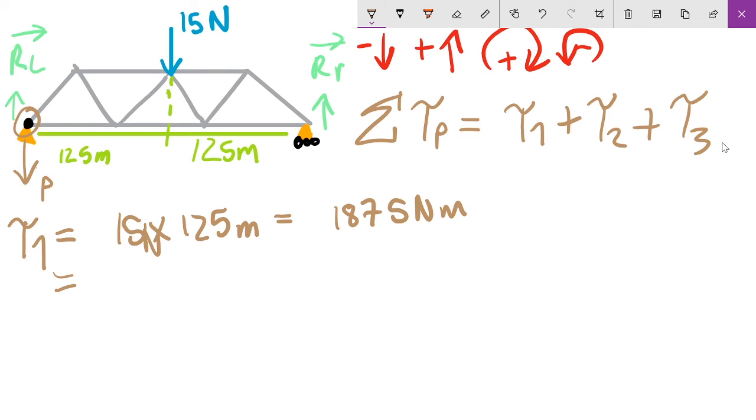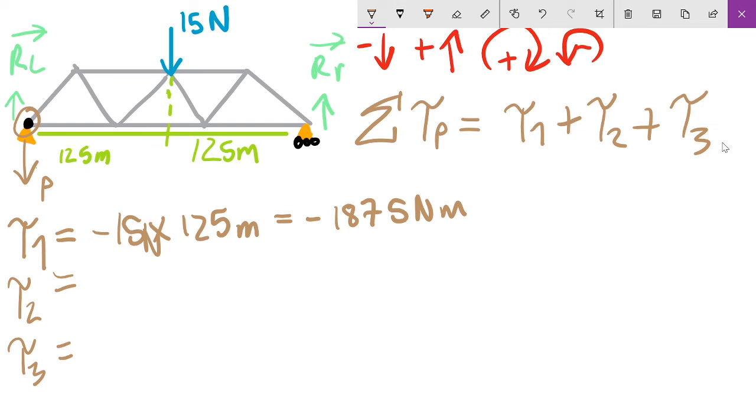Because this force is coming down, therefore it is going to be negative, so this is negative 1875 newton meters.